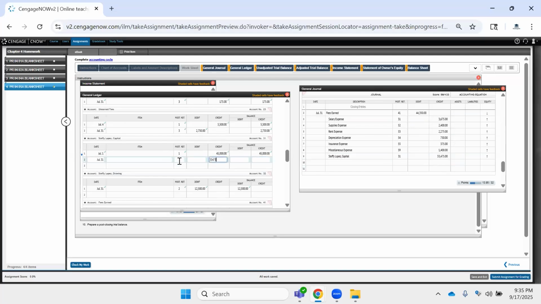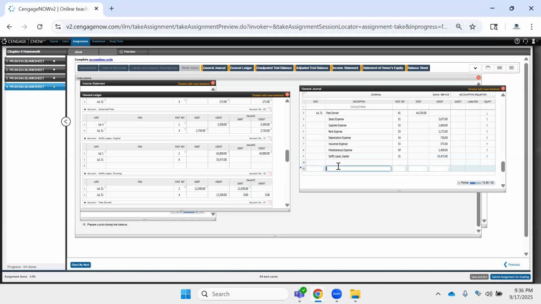So that's going to go on our general ledger as increasing capital. Now our drawings amount also needs to be reduced. So we're going to credit our drawings, reducing it to zero.